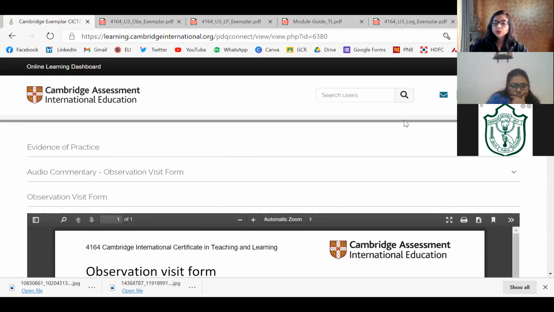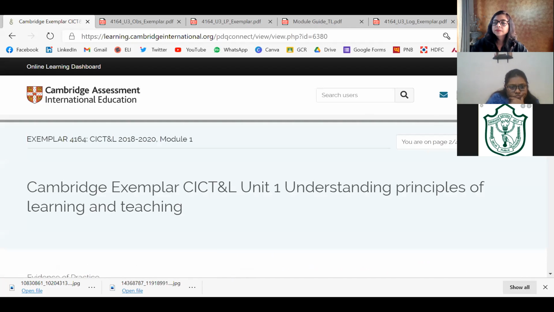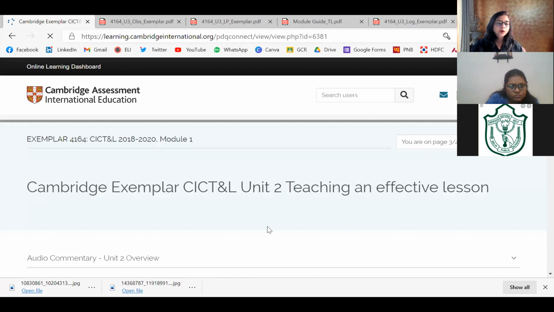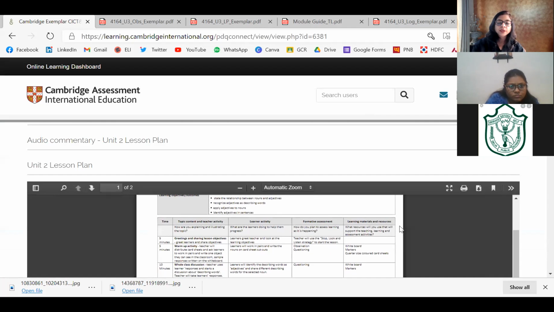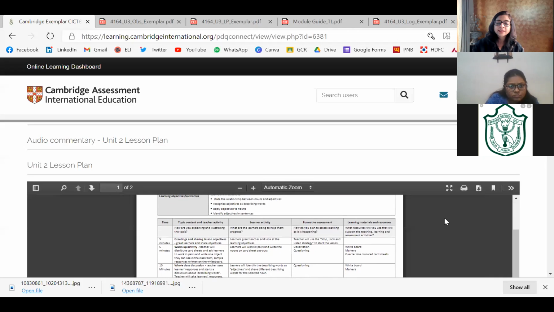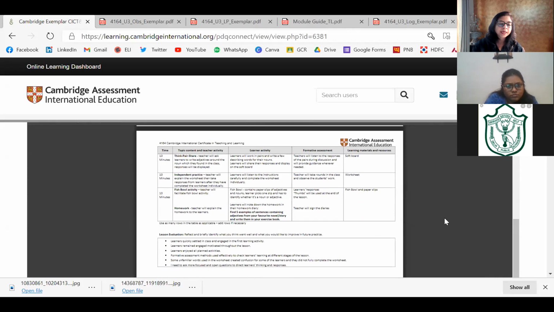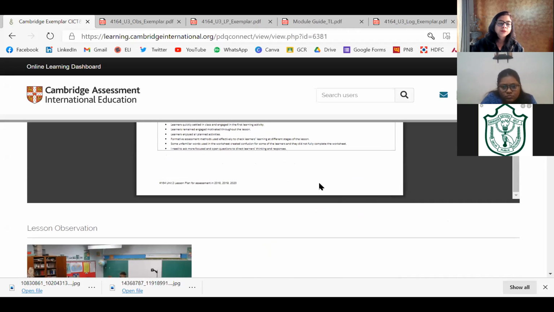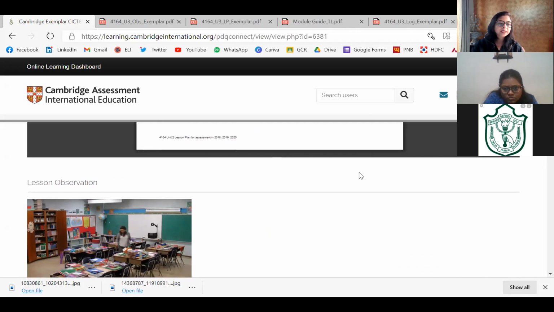But when you come on to unit 2, I'll just take you to the next page. So the next page here is of unit 2. Now in unit 2, you can see that there is a lesson plan. Okay, this is a lesson plan. So you have to create a lesson plan, and you have to upload a lesson plan.